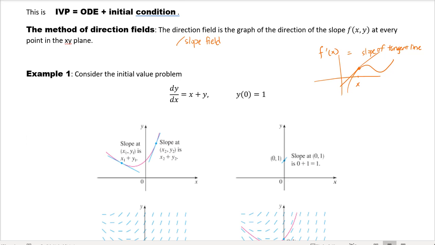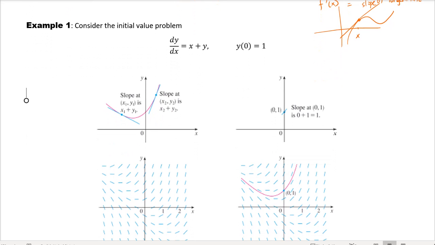Now let's consider this initial value problem. At each point, we can plug the point into this differential equation and get a slope. For example, if we plug in (0, 0), we get 0 plus 0 is 0, so the slope is 0.